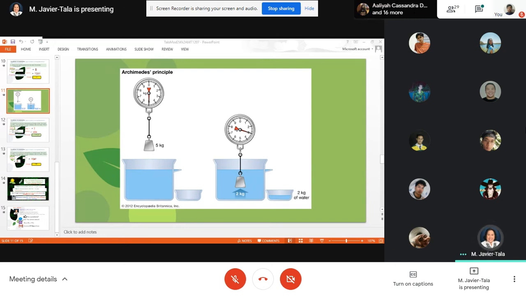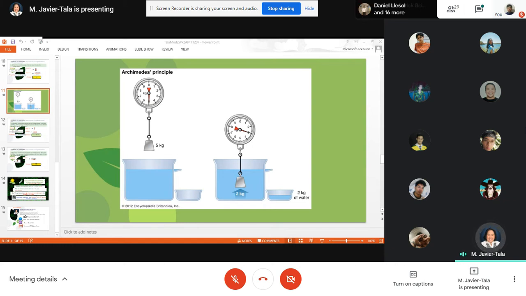without damaging the crown. So in Archimedes' principle, as I have mentioned a while ago, when we use the hydrometer, we consider the buoyant force that is exerted by the liquid. In this case, it is water. If you can see in this picture, the mass of your object is 5 grams.